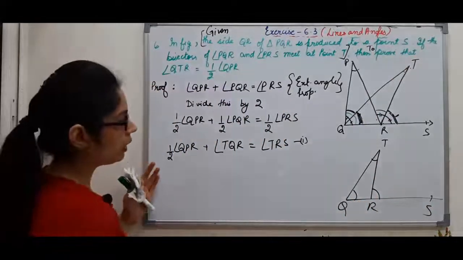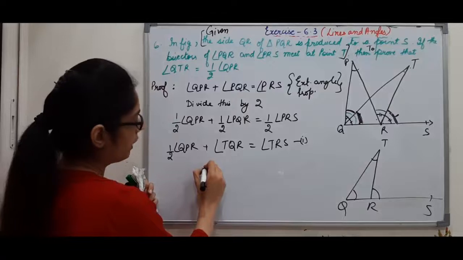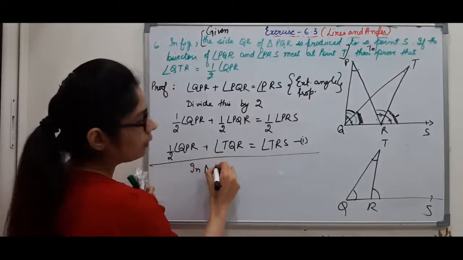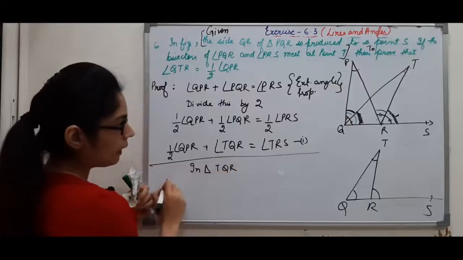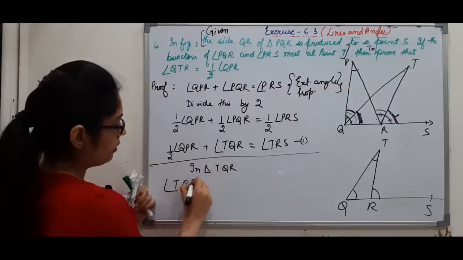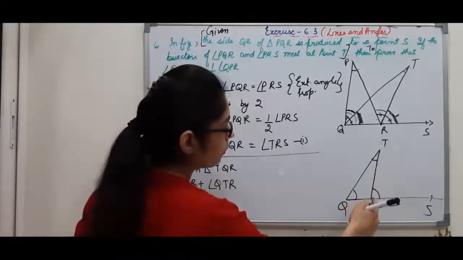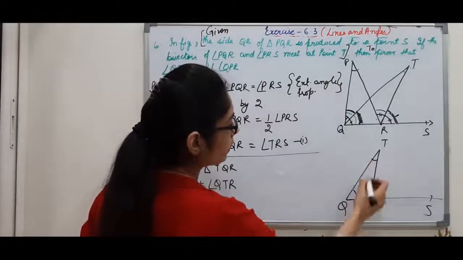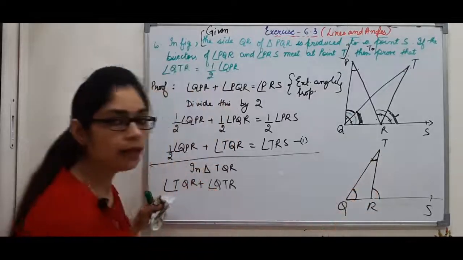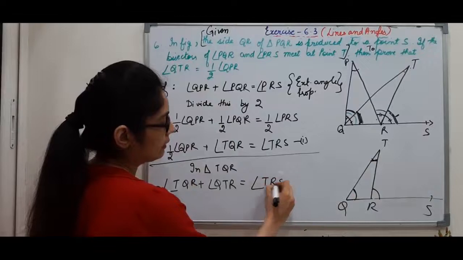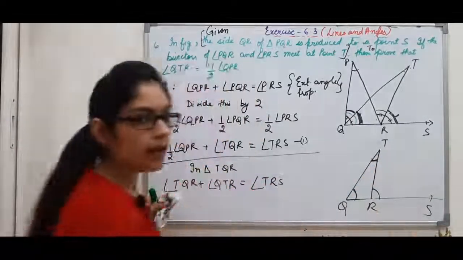So in triangle TQR, angle TQR plus angle QTR, these two angles I have taken because these are interior opposite angles, is equal to angle TRS. This is the exterior angle.